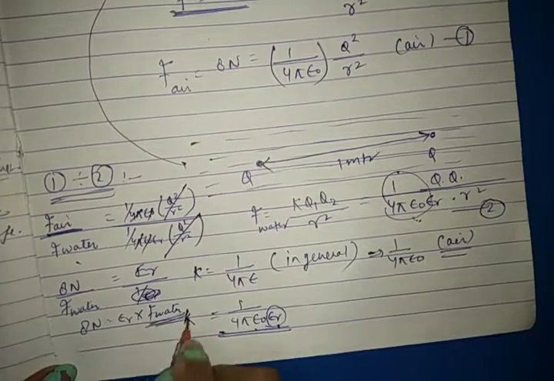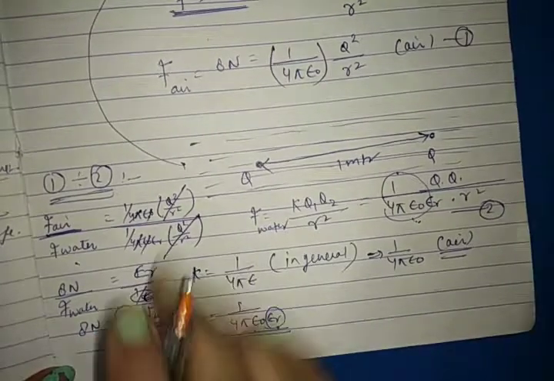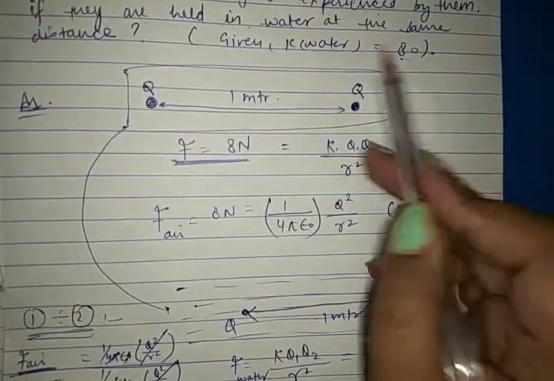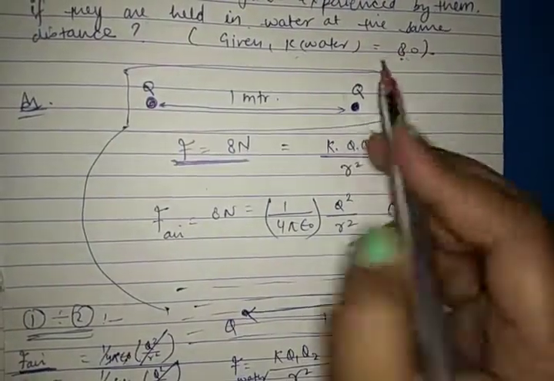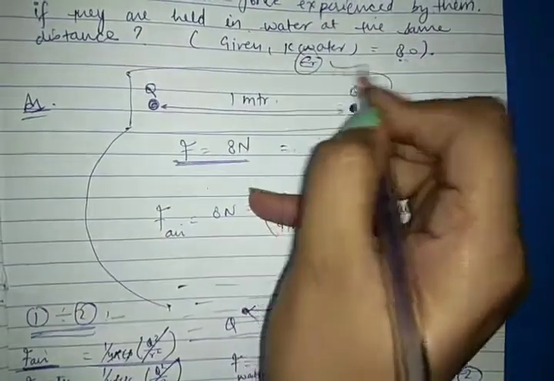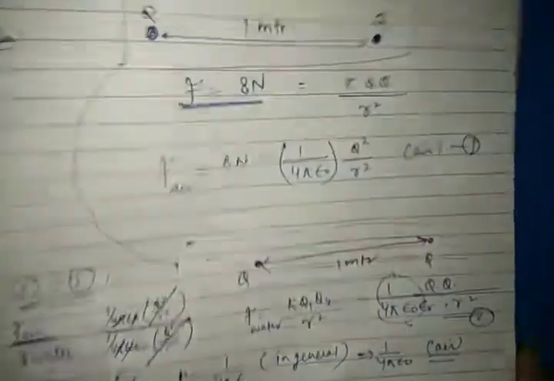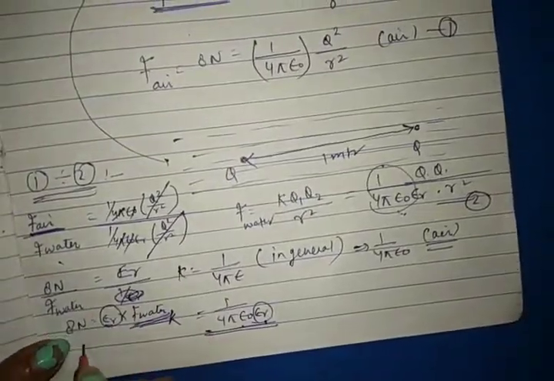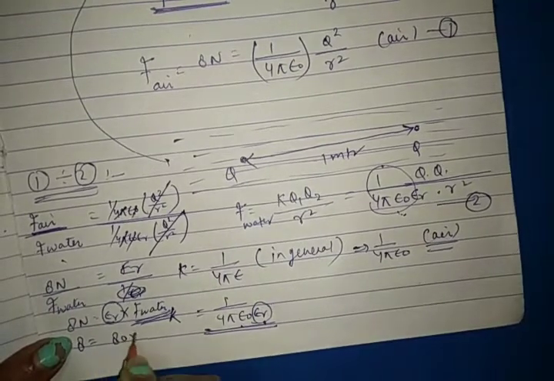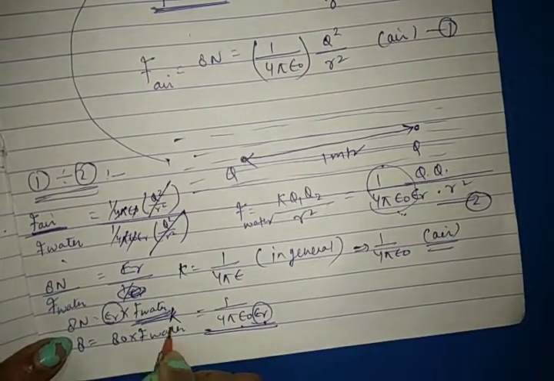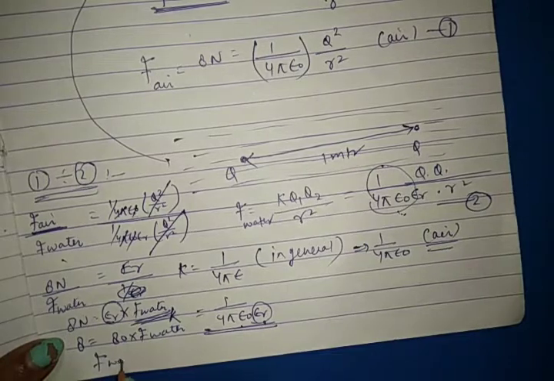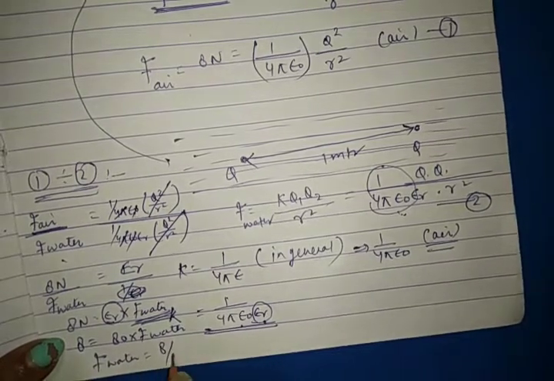So F water we have to calculate. The epsilon r value is given as 80. Given K water equals 80. That means the relative permittivity of water is given as 80. So by putting this value 80 over here, what do we get? 8 Newton equals 80 into F water. So F water will be 8 upon 80.